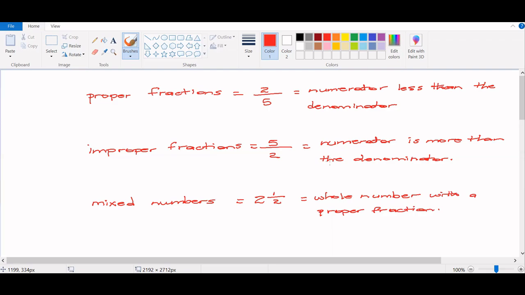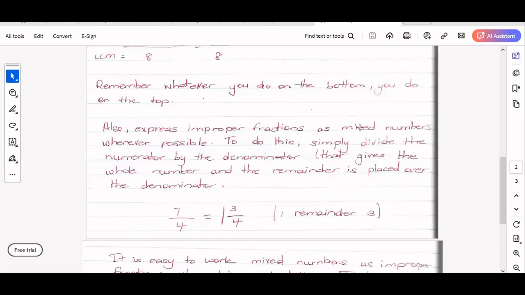Now, when you are laying out your work for exams, it's always best to change your improper fractions into mixed numbers, right? Always change your improper fractions into mixed numbers. So let's look at that. To do this, you simply divide the numerator by the denominator. 7 divided by 4. That could happen one time.